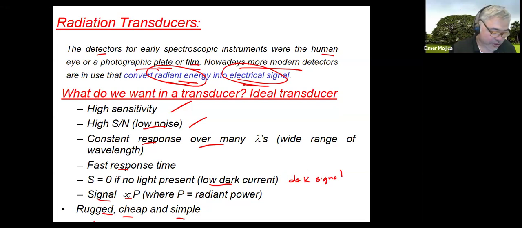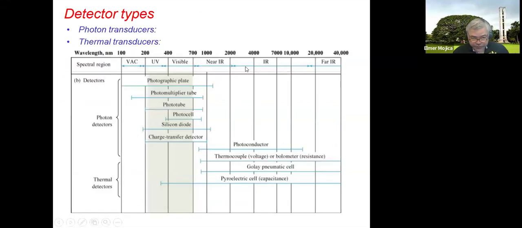So we could say there are two general types of these radiation transducers, and it can be either a photon transducer or a thermal transducer.